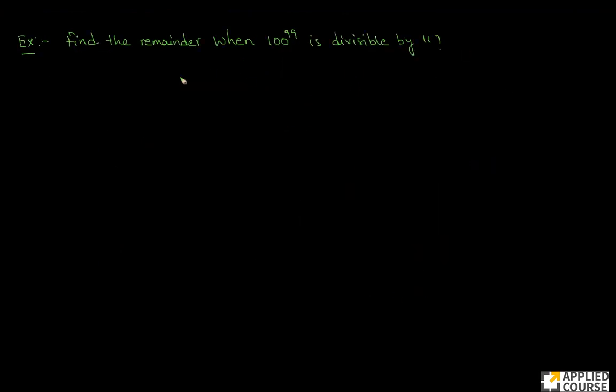Right? Now see one more example. Find the remainder when 100 power of 99 is divided by 11. See 100 by 11. How can we write 100 by 11? 11 into 9 plus 1 by 11. So it is in the form of ax plus 1 by a. So now 100 power of 99: this is n.